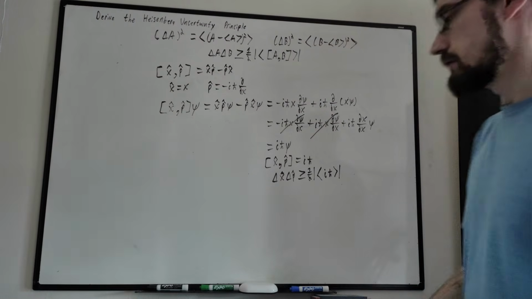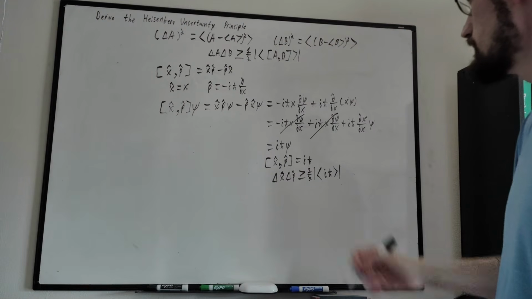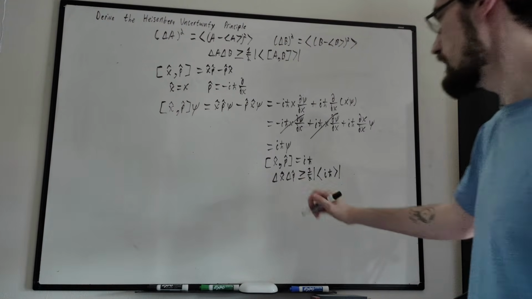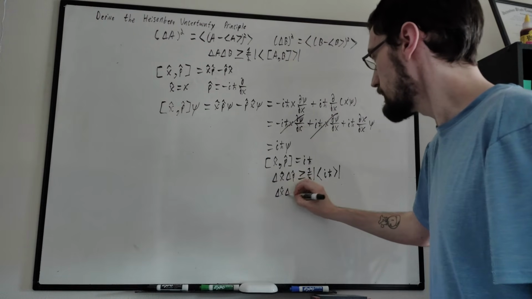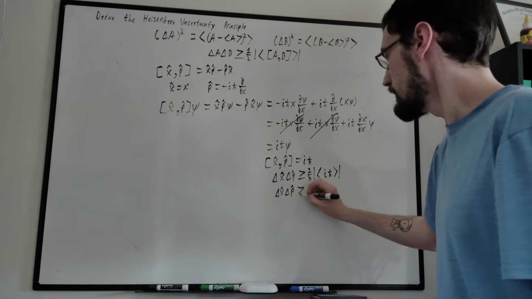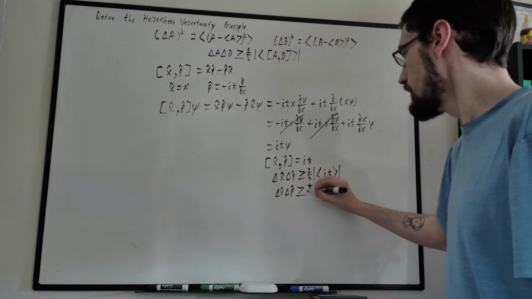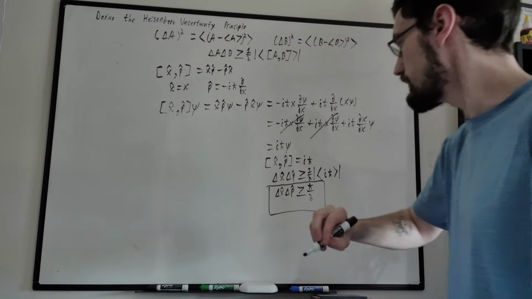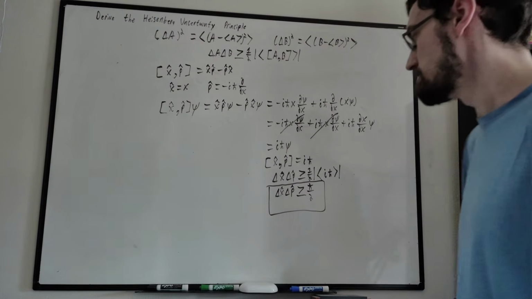But on a unit circle, i is the distance 1 from the origin, and so its modulus is 1, and we're just left with an h bar, so therefore delta x hat times delta p hat must be greater than or equal to h bar over 2. And this is the Heisenberg uncertainty principle.